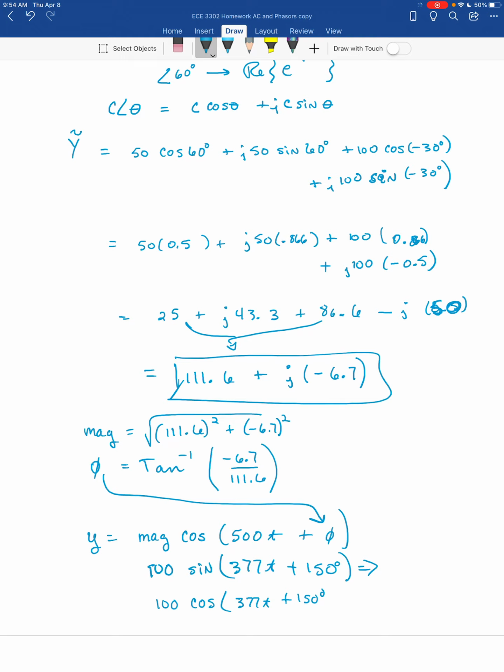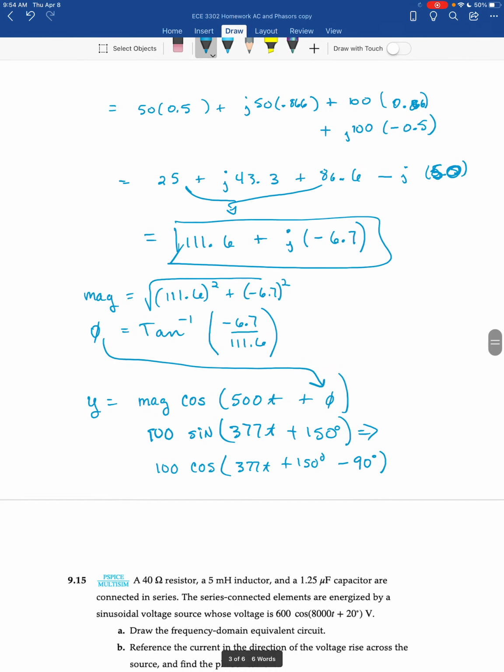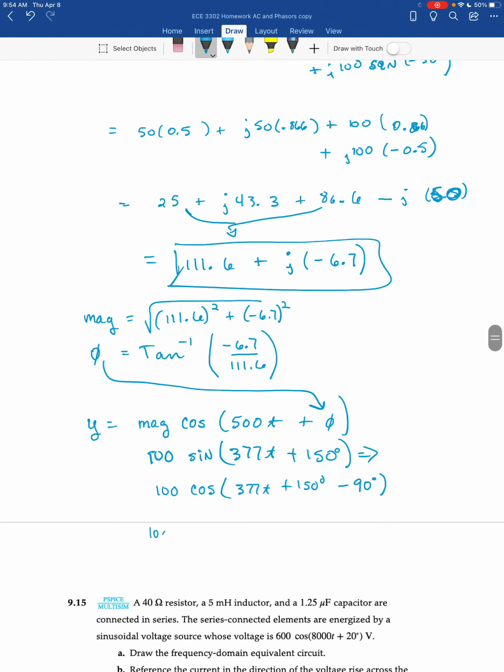Here we go. The sine of omega t plus phi is equal to the cosine of omega t plus phi minus 90. That's what I thought. I just wanted to be sure. Okay, so then you would combine that to get 100 cosine 377t plus 60 degrees. And that would be what you would substitute for that sine function in the problem.